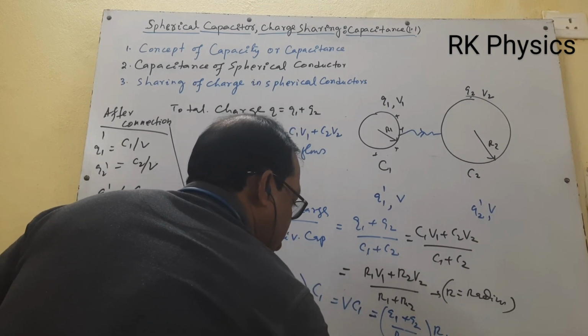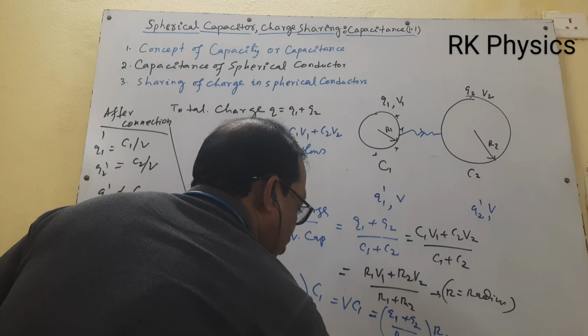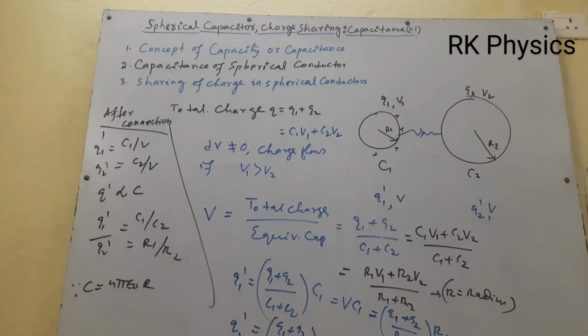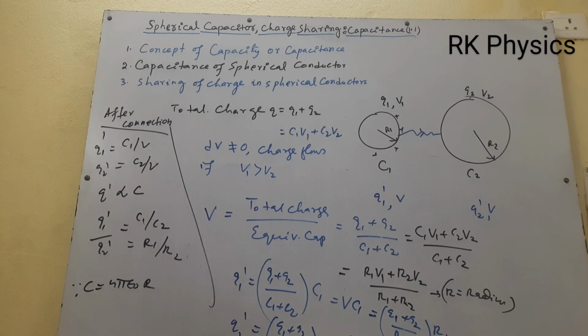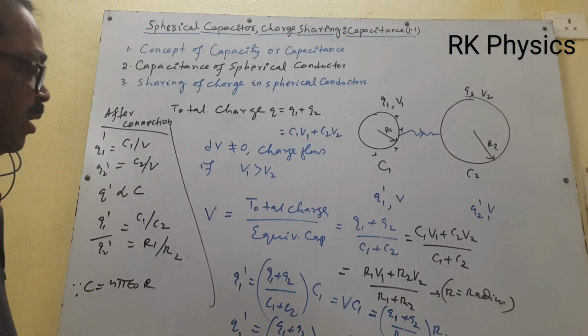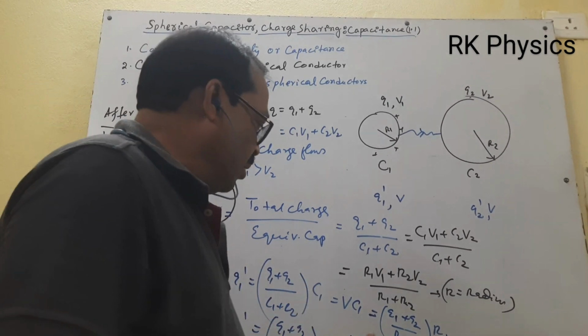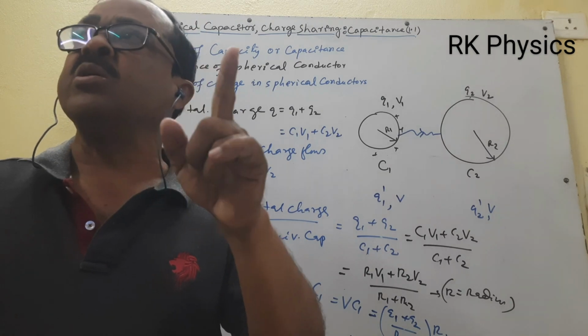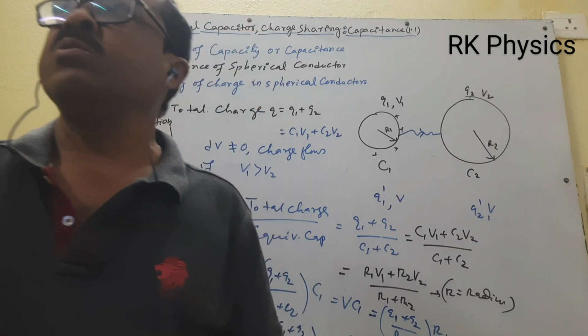Similarly, Q1 plus Q2 divided by R1 plus R2, into R2. In terms of R1 and R2 also you can calculate it, it is possible. And these are the things only if you use spherical conductors as capacitors.